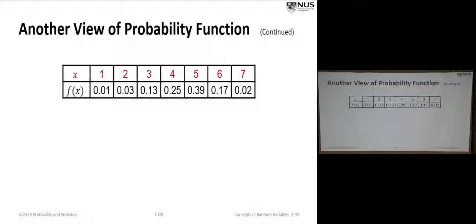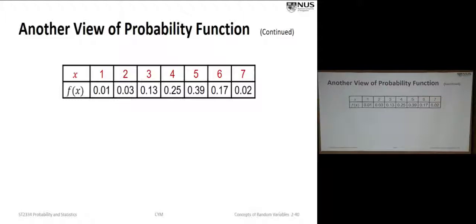Obviously, most of the students take 5 modules. About 40% of students take 5 modules. Only 1% take 1 module. So that's our probability function of this random variable x, which is the number of modules.